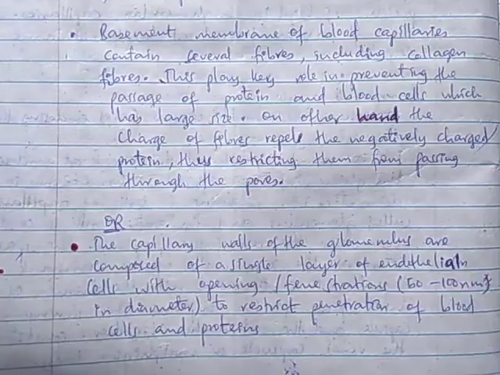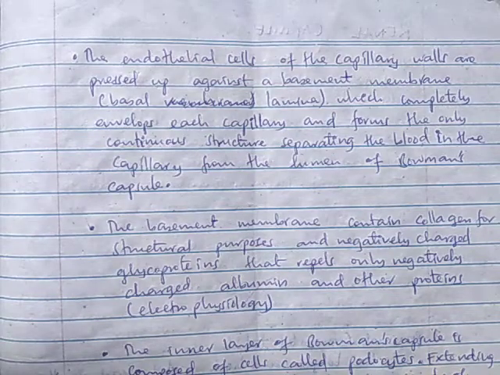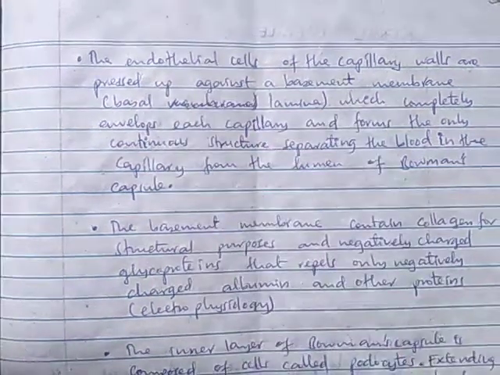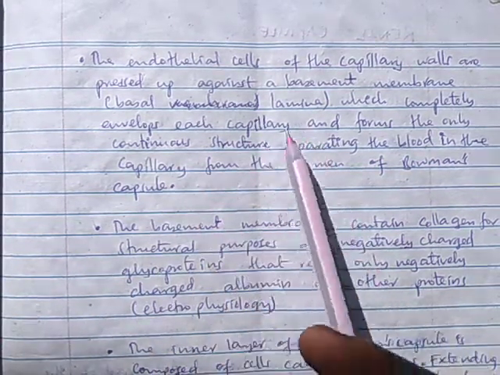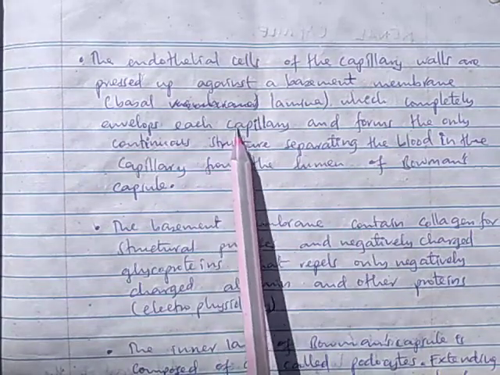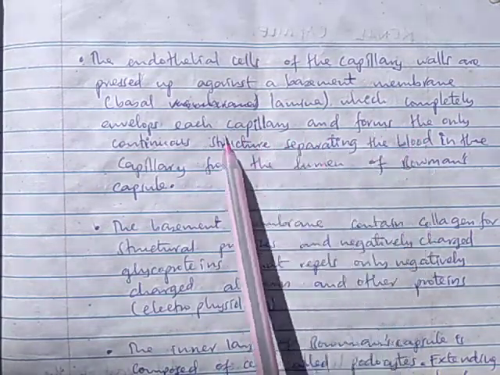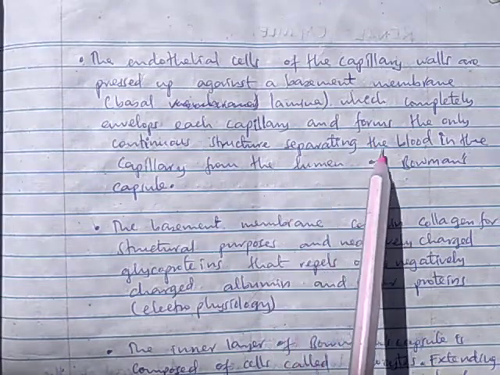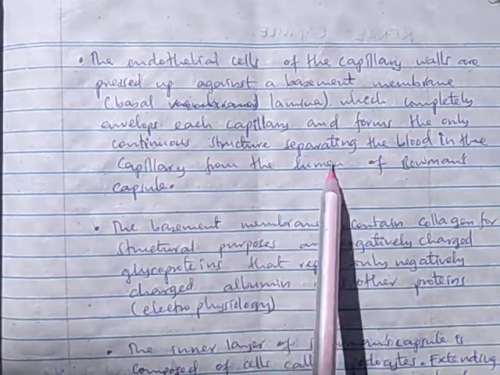Kwa hiyo ni adaptation ya tatu. Adaptation ya nne, the endothelial cell of capillary wall are pressed up against the basement membrane au basal lamina, which completely envelopes each capillary and forms the only continuous structure separating the blood in the capillary from the lumen of the Bowman's capsule. Hiyo ni adaptation.